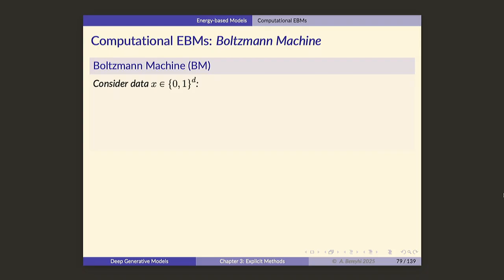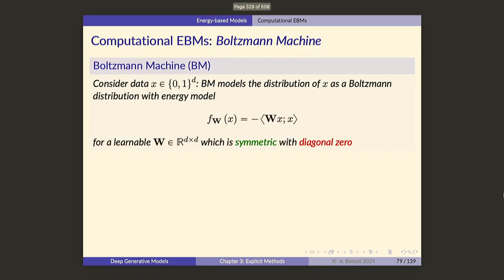So you have such data, and then what you want to do is use energy-based modeling, so you essentially consider one energy model. And as I told you, the energy model is supposed to take the data and give you an energy level. This is the simplest energy model you can think of. So we have weight W. This is one matrix, and this matrix is learnable.